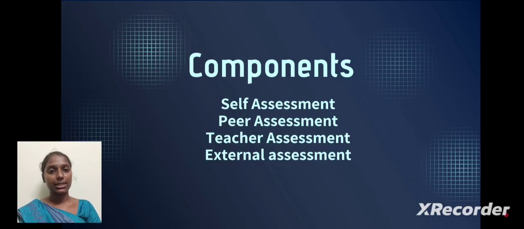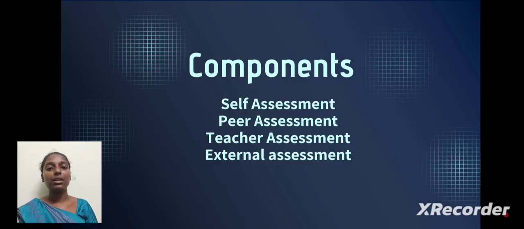Then components. This 360-degree assessment consists of four components, that is self-assessment, peer assessment, teacher assessment, and external assessment. First one, the self-assessment. In self-assessment, the student will assess themselves by knowing their strengths and weaknesses. And second, peer assessment.